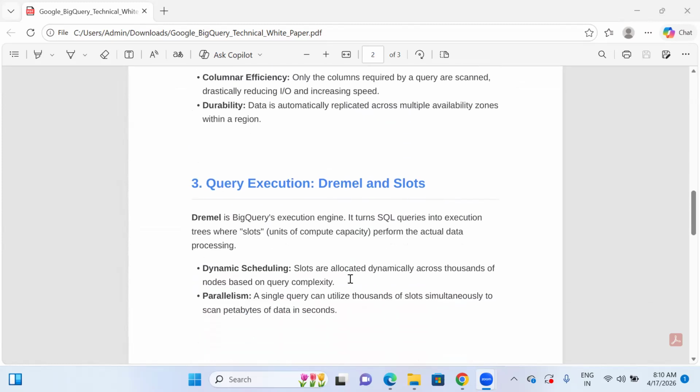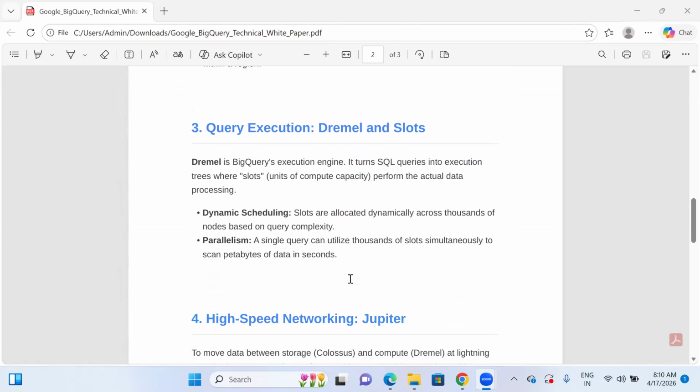Next, when it comes to query execution, Dremel is the query execution engine we use, which turns SQL queries into execution trees. Whenever we want slots for actual data processing, we do it through either dynamic scheduling or parallelism. With dynamic scheduling, the slots we allocate are assigned dynamically across thousands of nodes based on query complexity.